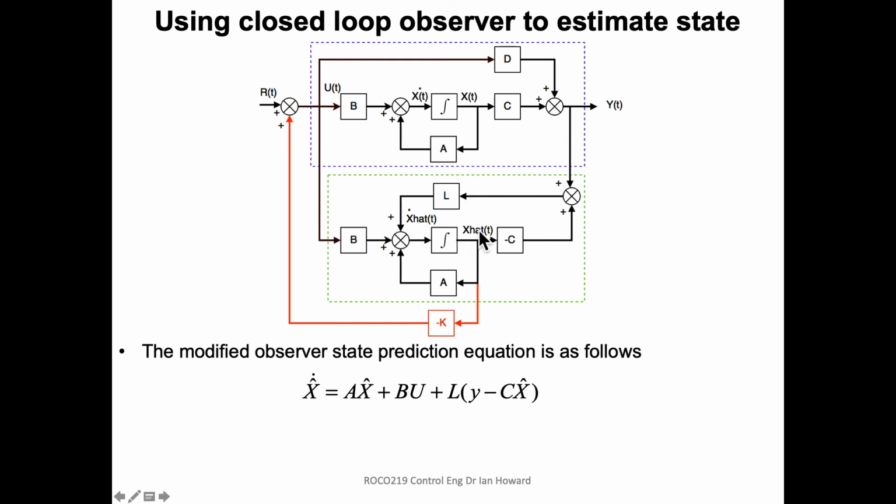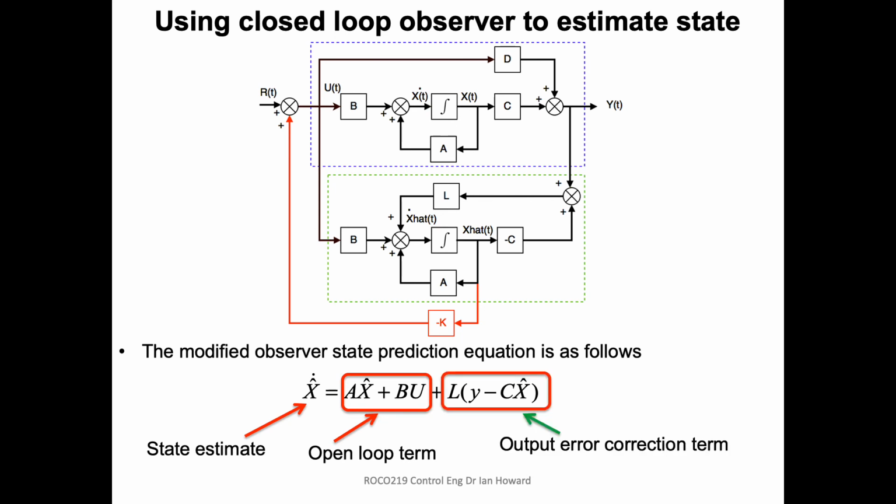It's going to be A times x hat plus the input, which is u, so u times B, so A x hat plus B u, then plus, and now we've got this extra feedback path coming in here, plus y take away C times x hat, multiplied by L, right? So we're adding this bit on here as well. And this is the bit which is going to, first of all, correct our state estimate. And there's the state estimate. That's the system, the open loop term, and that is our output correction term.